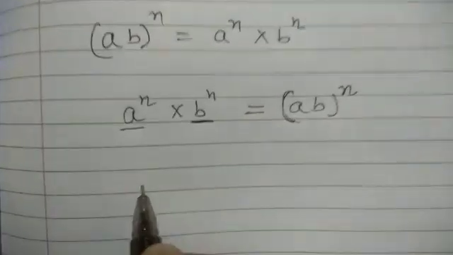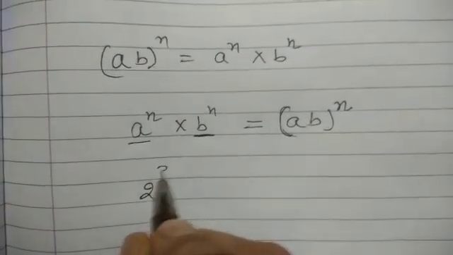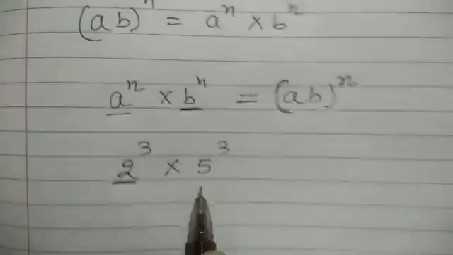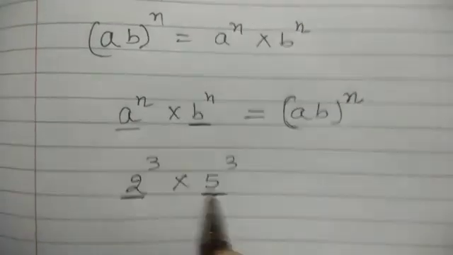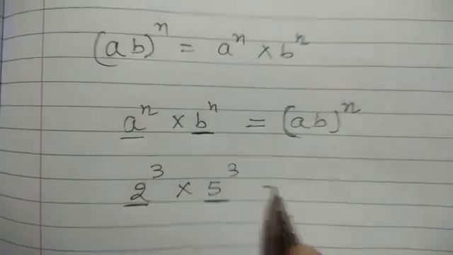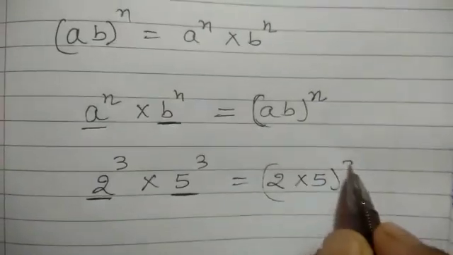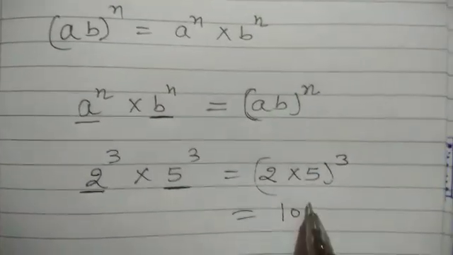Suppose I am taking 2 to the power 3 into 5 to the power 3. Here you can see the bases are different but their power is the same, so this can be written as 2 into 5 to the power 3, meaning 10 to the power 3.